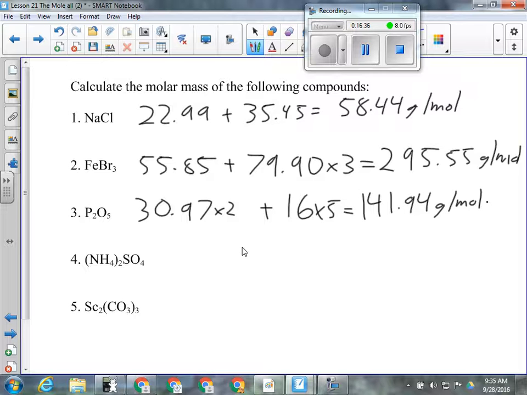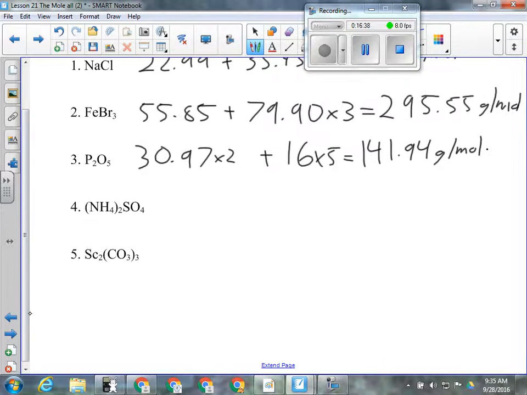Now, when we start getting the polyatomic ions in there, that's when things start to get a little bit hairy. How many nitrogen do I have in here? 2. So I'm going to have 14.01 times 2. That takes care of my 2 nitrogens. How many hydrogen do I have? 8. So plus 8.08. And then how many sulfur? 1. It's 32.07.